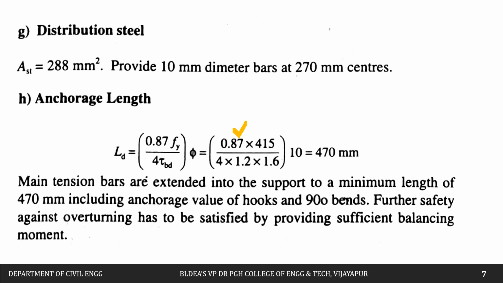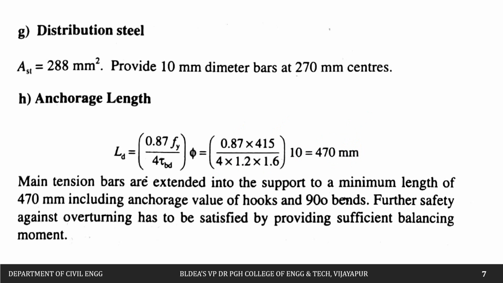It is 0.87, fy is 415, divided by 4 into tau bd, that is 1.5 multiplied by 1.6, multiplied by phi, which is 10 mm. So therefore this answer will be 470 mm. Proper care has to be taken while providing the anchorage length.